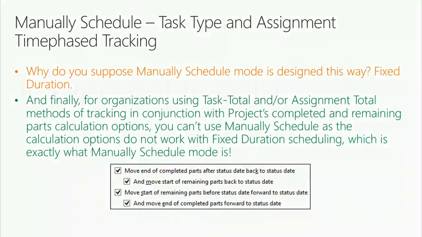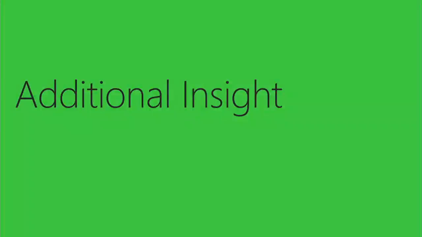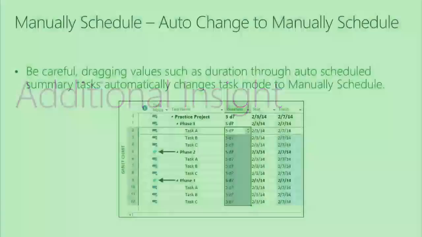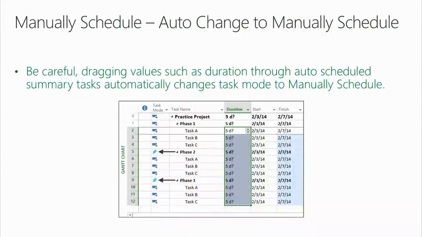All right? Here's some additional insight for you. Be careful. Dragging values such as duration through an auto-scheduled summary task automatically changes task mode to manually schedule. So, one of the customers that I work with, I was reviewing a whole bunch of their project schedules in a program, and this is a very reputable healthcare organization.